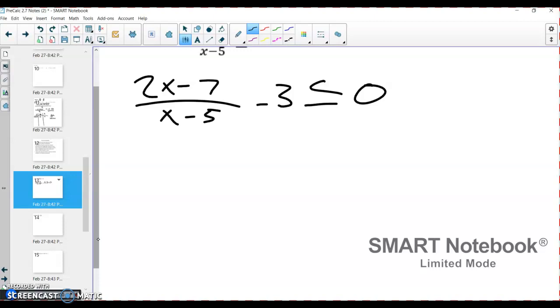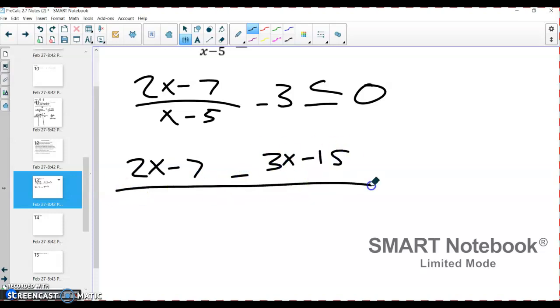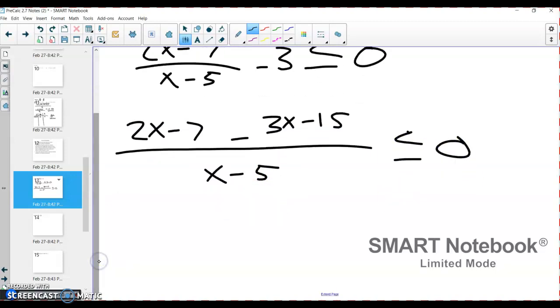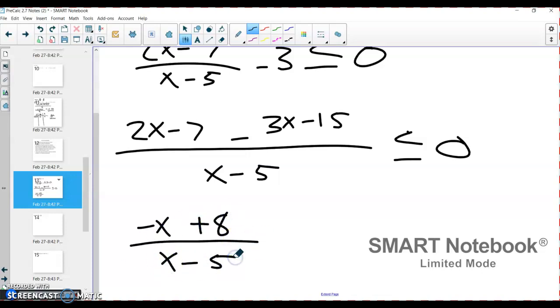Common denominators here, that's going to tell me that this is 2x minus 7 minus a 3x minus 15 all over x minus 5, less than or equal to 0. Combining my like terms, this becomes negative x minus a negative 15, that's going to be like adding 15, so this becomes positive 8 all over x minus 5.